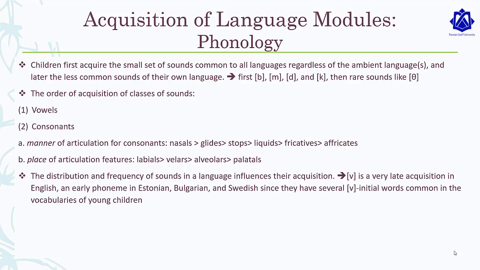For place of articulation, they start with labials like p, b, m, and you can think of what you have heard from the babies, like what have been the first words, the first sequences that they have produced, and you'd see that in them you can see traces of m, b, and p.